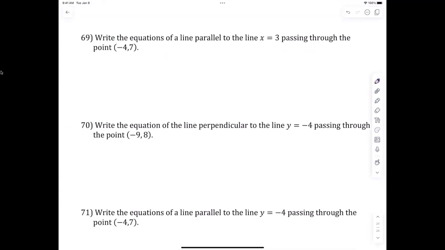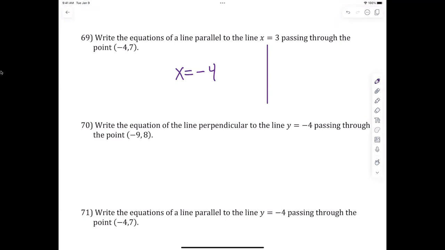So if you're parallel to x equals 3, what kind of line is x equals 3? Vertical, right? So if you're parallel, that means you are what? Vertical. So the answer for this is just x equals -4, right? We didn't ask about the slope. We asked about the line.